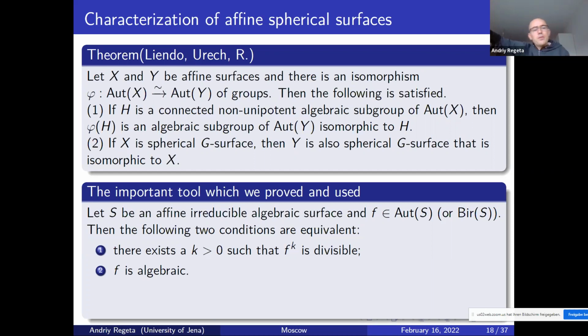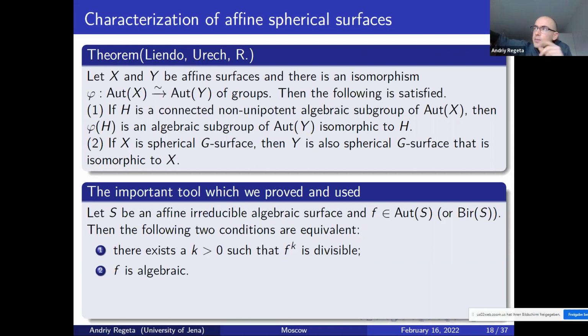So the statement which was a key to prove this theorem is the following. Let S be an affine irreducible algebraic surface and F be an automorphism or a birational transformation. Then the following two conditions are equivalent. First, there exists a natural K such that F power K is divisible.